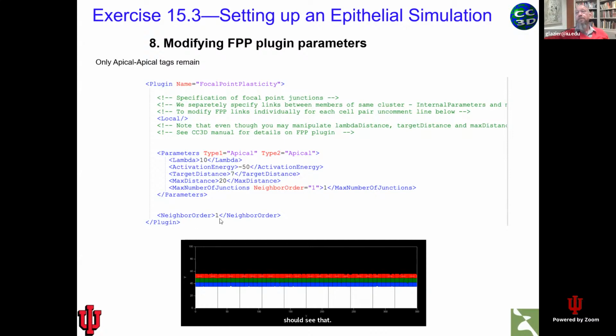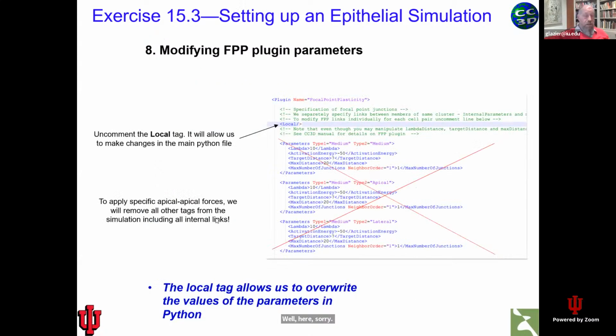Well, here, sorry, I said the wrong thing. I got ahead of myself. You're going to delete all but the apical links. I apologize. I said to delete all of them, and I'm wrong. Delete medium apical, medium lateral. Again, Wizard tries to guess what you want, doesn't always guess right.